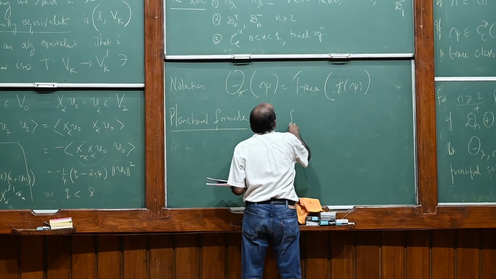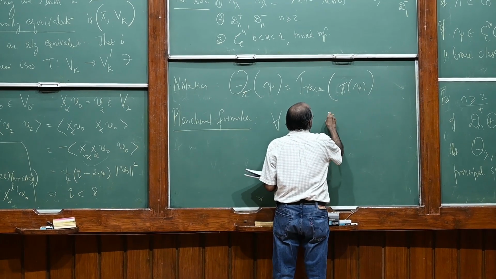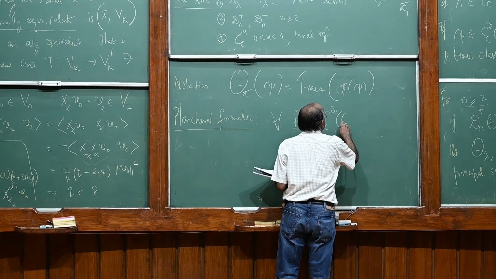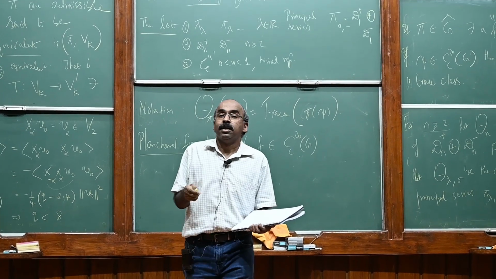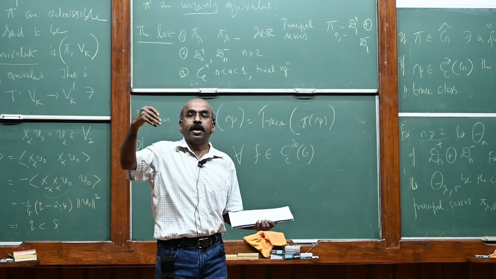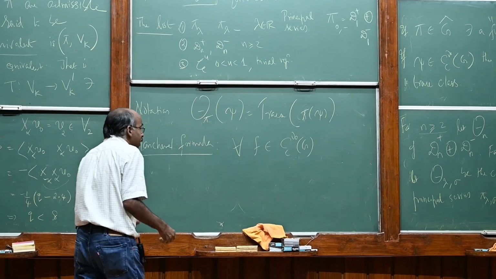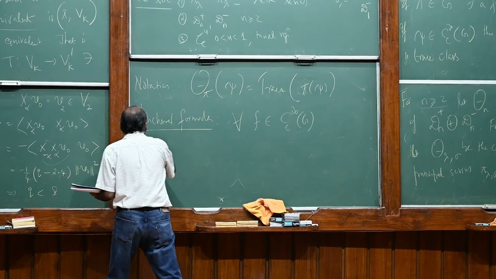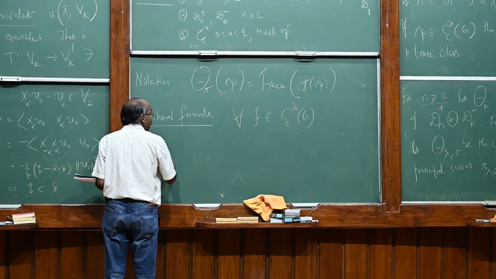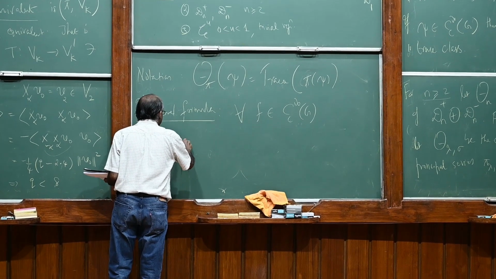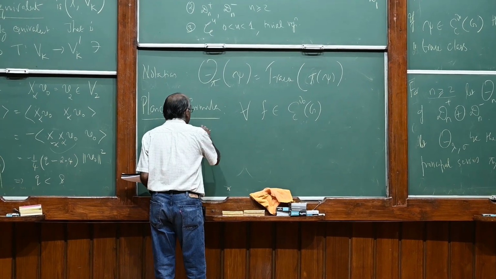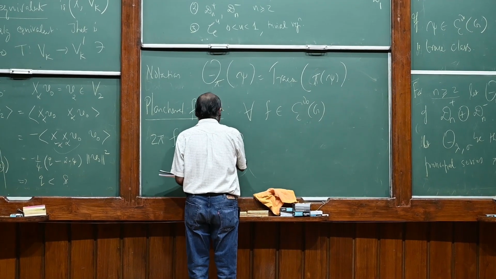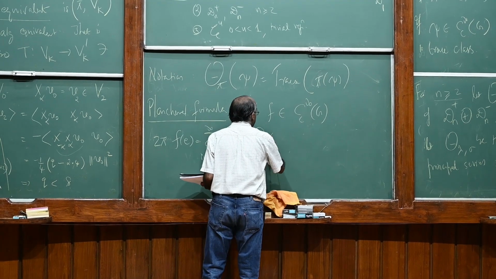I should say something about all the constants. This is just copied from a book or another source, so the constants may differ depending on what parameterization you use. 2 pi f(e) equals the summation n equal to 2 to infinity of (n minus 1) theta n of f.